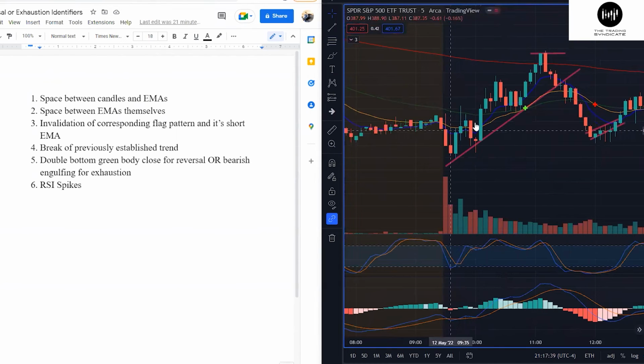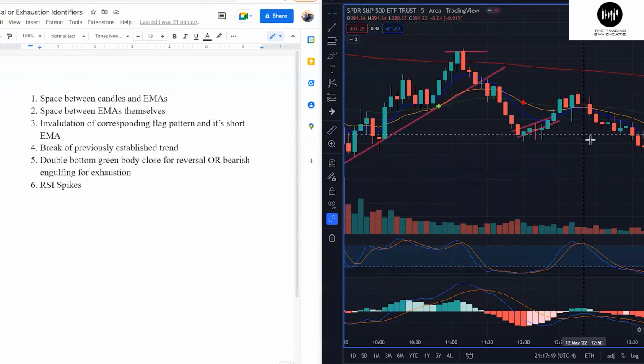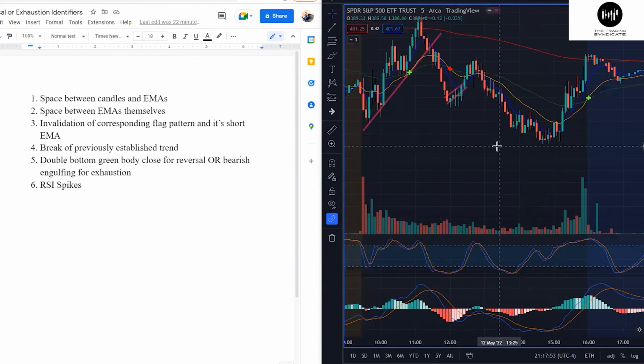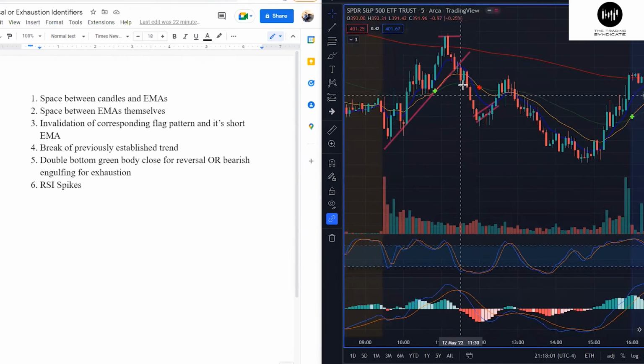See how they started the day on top of each other? They're extending throughout the day. Again, more space, more indication, more space, more indication of a reversal or an exhaustion coming. And invalidation of the corresponding flag pattern and its short EMA.